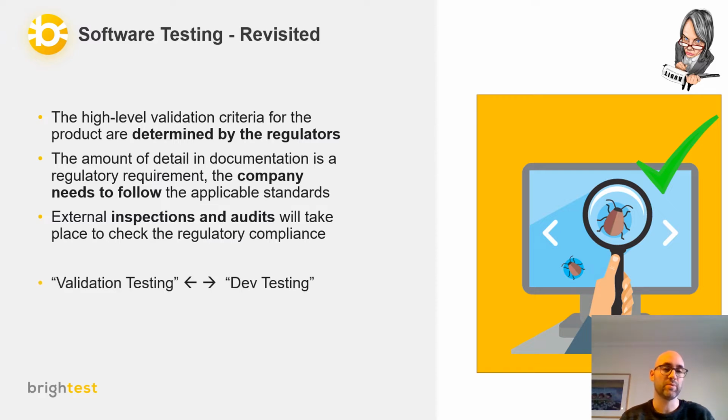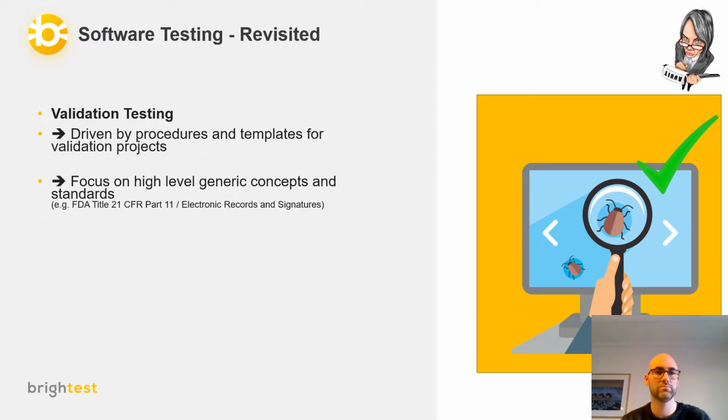In the next slides, we will be focusing on differences and similarities between what could be called validation testing, which is more common to regulation, and the more traditional development testing you may be used to. Validation testing is mostly driven by regulatory procedures and templates for validation projects. The focus is rather high level on generic concepts and standards.